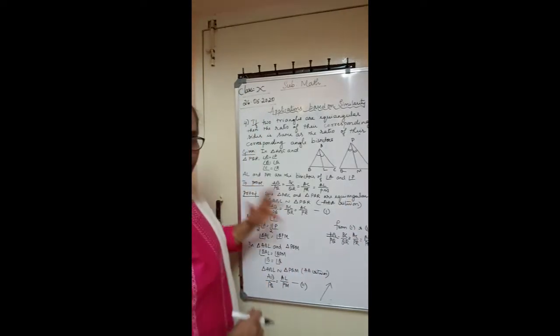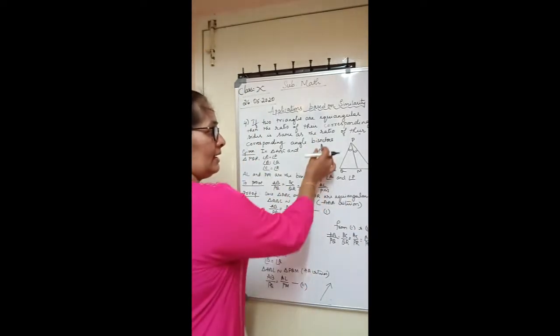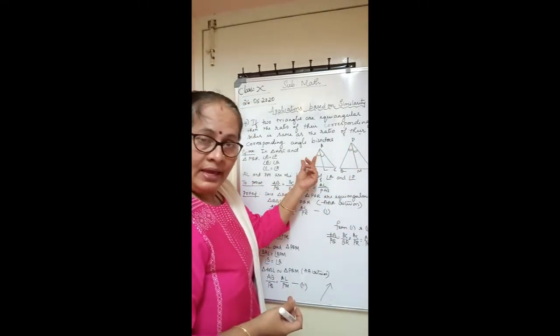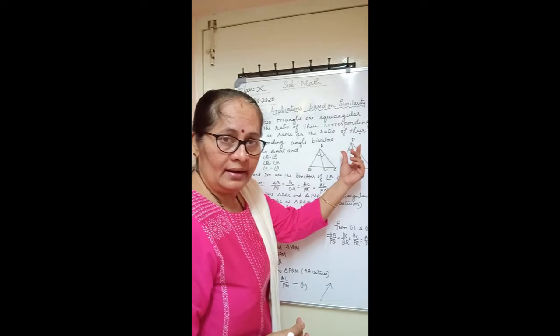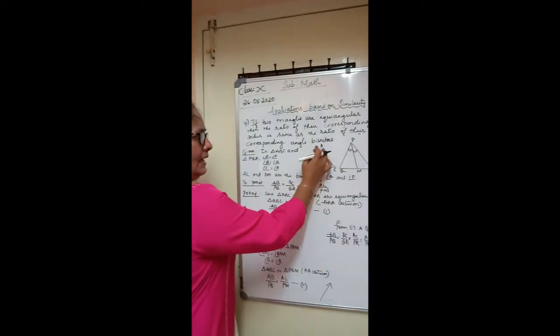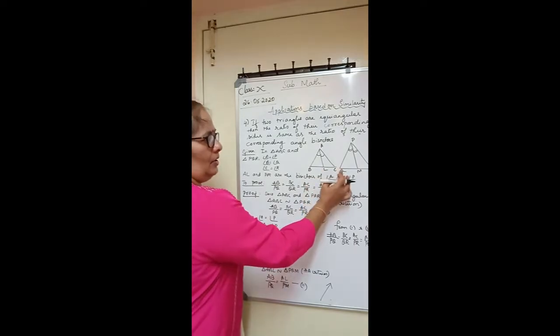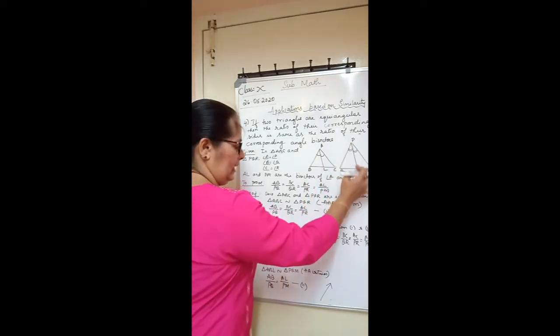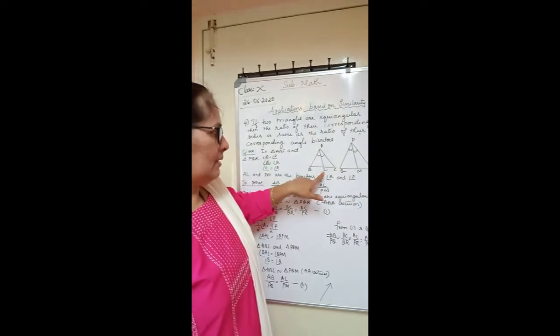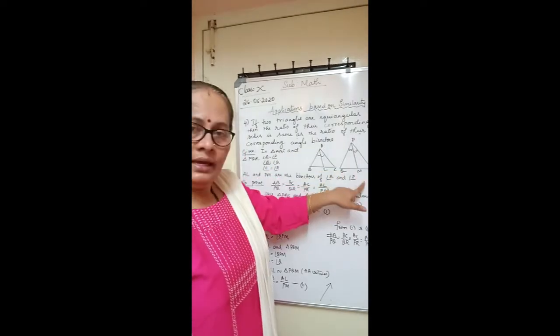Now you know that it is equiangular. Here angle A equals angle P. So half of angle A equals half of angle P, right? So angle BAL is equal to angle QPM. Angle BAL equals angle QPM.